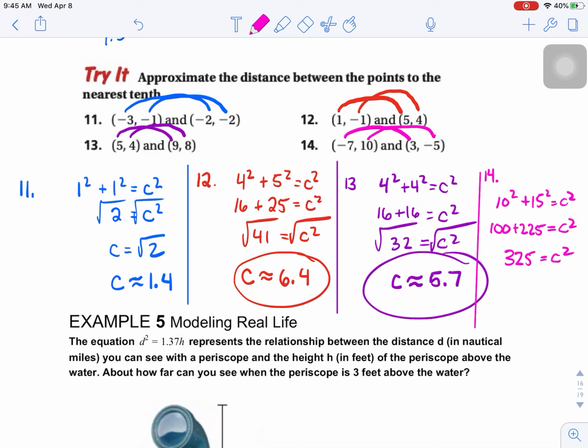Almost. So this one ends up being about 18.0. So 18 was the closest that we could get for that one.